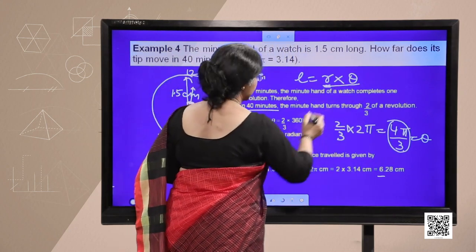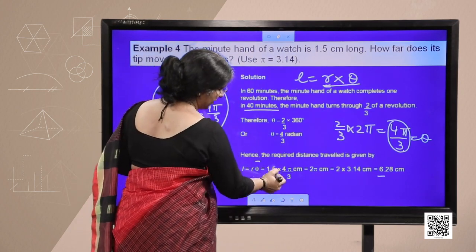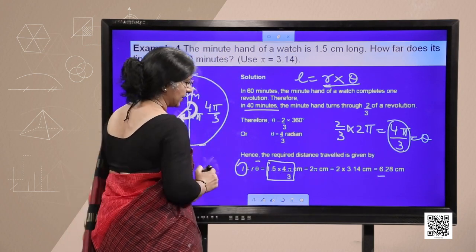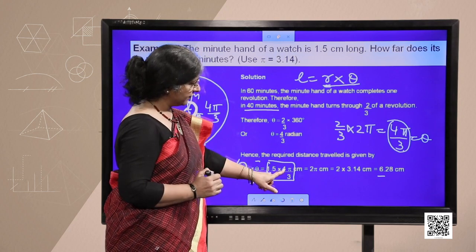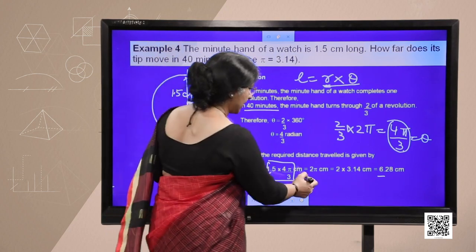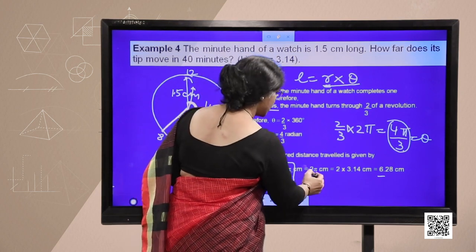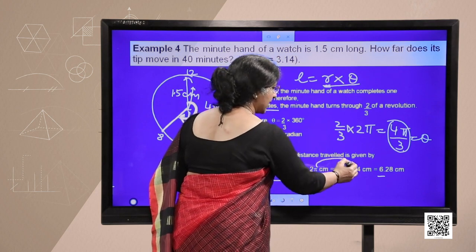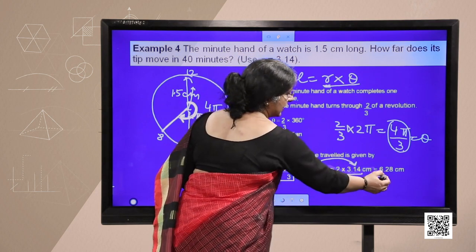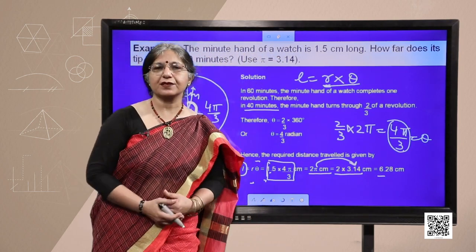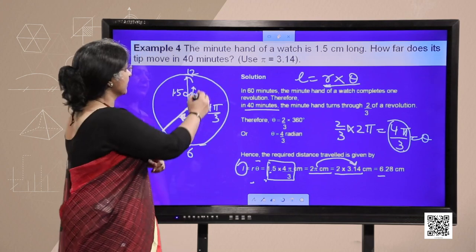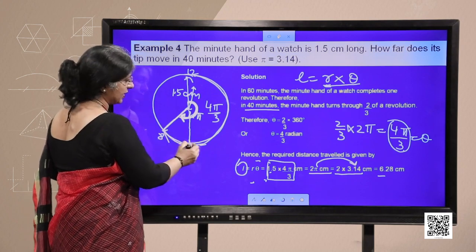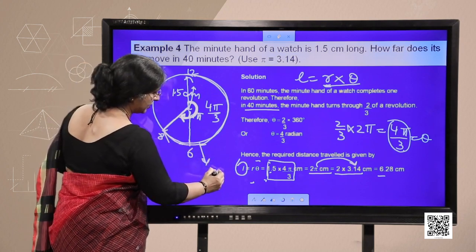Taking the product of this radius and this angle, we will get arc length L, 1.5 for r, 4 pi by 3 for theta, and if you solve this, this will be 2 pi centimeters, and replacing the value of pi as 3.14, we will get 6.28 centimeters of arc length. This is the distance traced by the minute hand in 40 minutes, which is 6.28 centimeters.